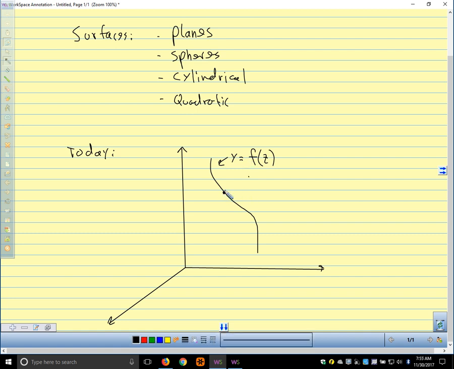If we look at a point here, the coordinates of that point are 0, f of z, z. If we rotate this curve around the z-axis, what path does that point take? It makes a circle, right? If we make a surface of revolution, the point travels in a circle.